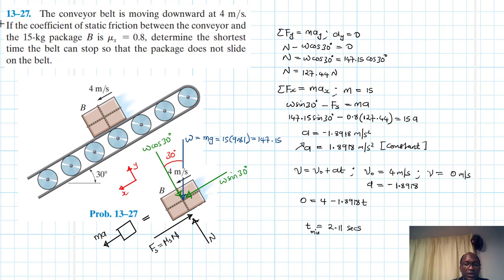So this is the minimum time. This acceleration, let me just show, is in this direction, or it is positive. So this is the minimum time that the conveyor needs before it comes to a stop without this particular package slipping or sliding.